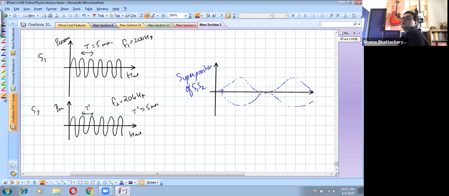You'll end up hearing a sound like this. There's an intensity modulation or pressure versus time. This is where the intensity is maximum, and this is when the intensity will become minimum.